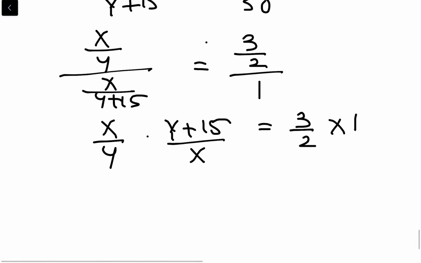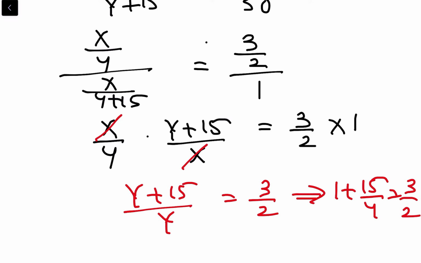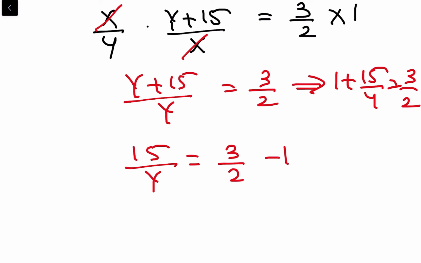Then you can get x and x cancel. You will get y plus 15 divided by y is equal to 3 by 2. And finally, once you simplify, 1 plus 15 by y is equal to 3 by 2, then you will get 15 by y is equal to 3 by 2 minus 1, that is 3 minus 2 by 2, that is 1 by 2.